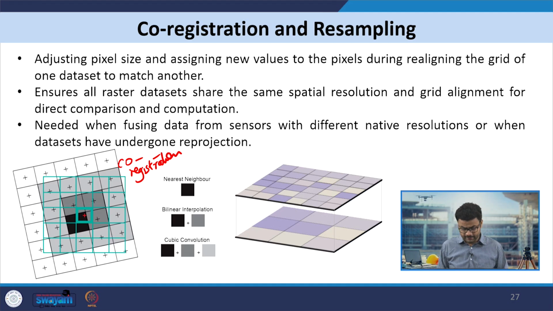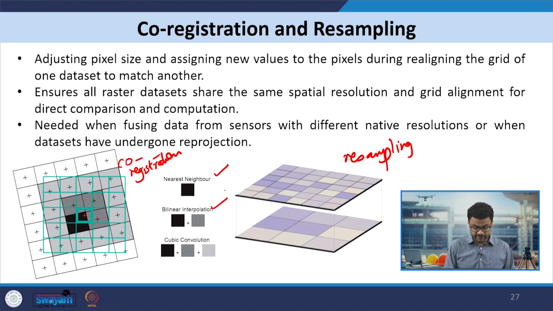On the right side, we can see an example of resampling, in which there are two datasets, but as you can see, the pixel resolution of both datasets is different. So, on the right side, we have resampling. Both co-registration and resampling can be achieved through operations like nearest neighbor, bilinear interpolation, and cubic convolution.